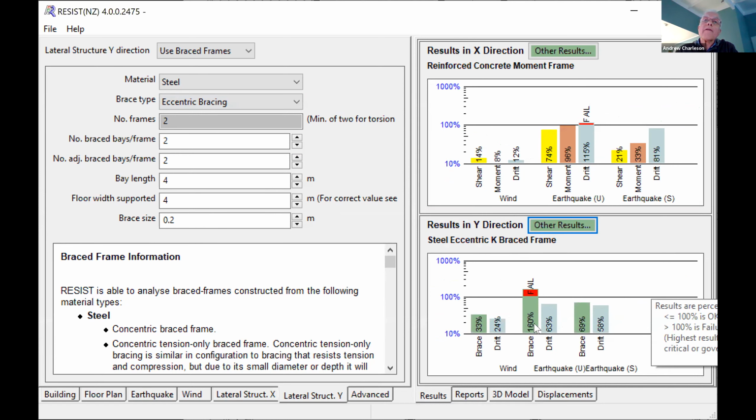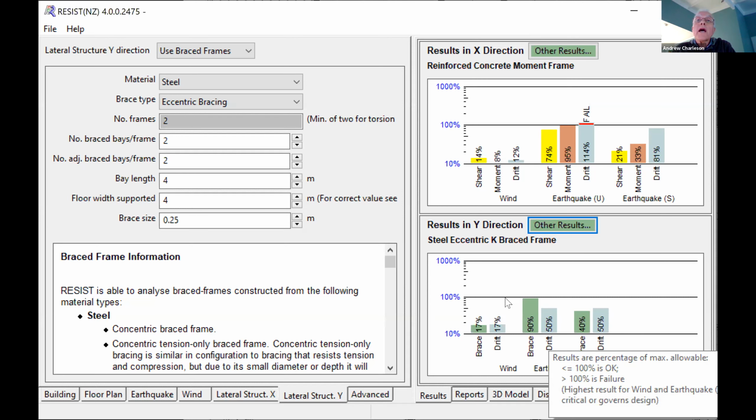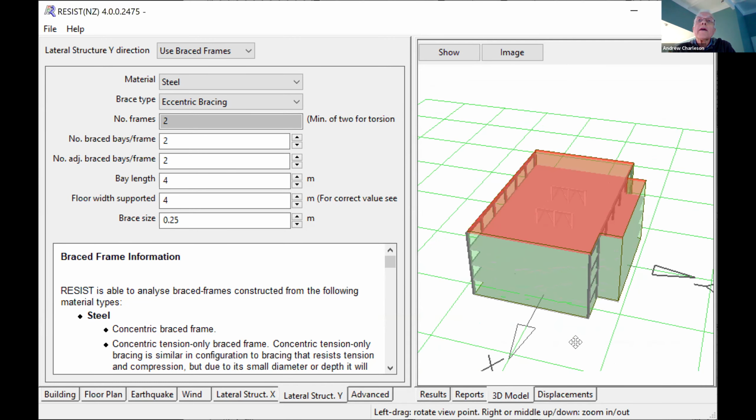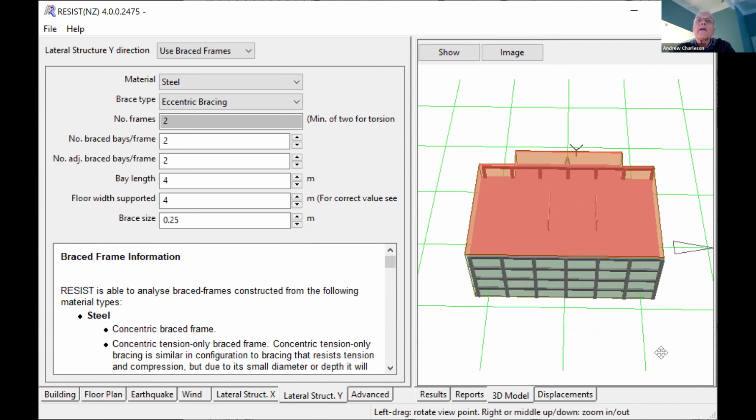The braces are failing, so I've got to make the braces a bit bigger. There. If the braces are 25 centimeters, I've finished my design. And so that is another acceptable design for earthquake.